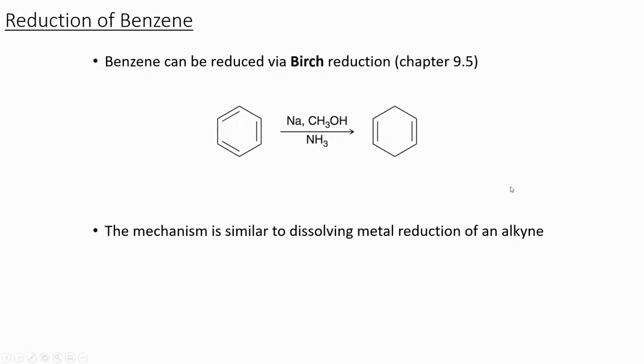There is a reduction that we can use for benzene called the Birch reduction, and this is from chapter 9.5, using sodium and ammonia methanol. And so this will convert the benzene to a diene, and this mechanism is similar to the mechanism that we saw in chapter 9 for this reaction.